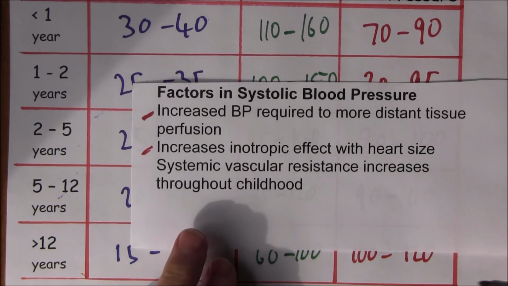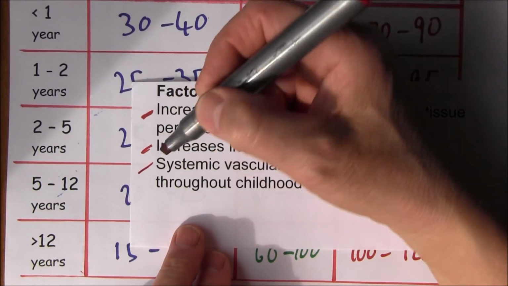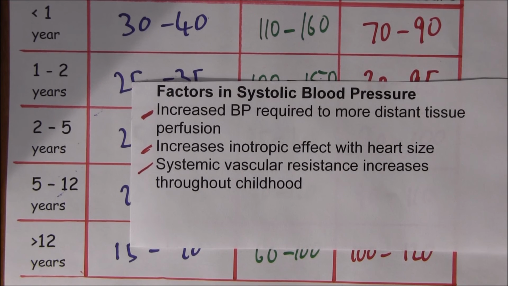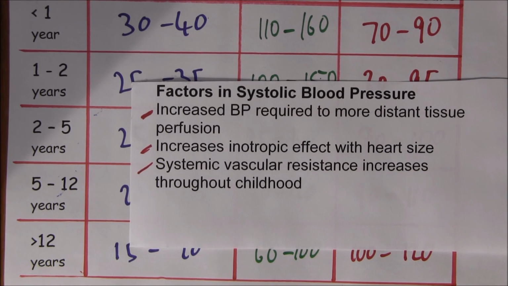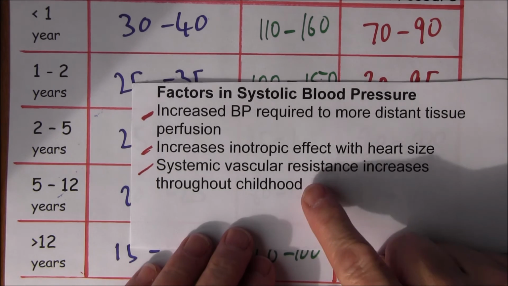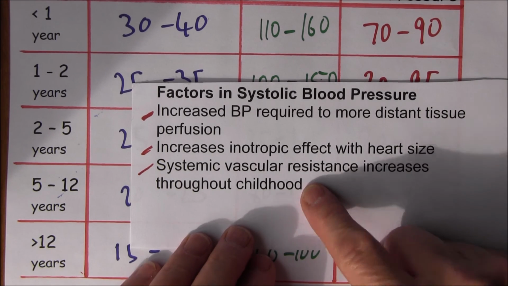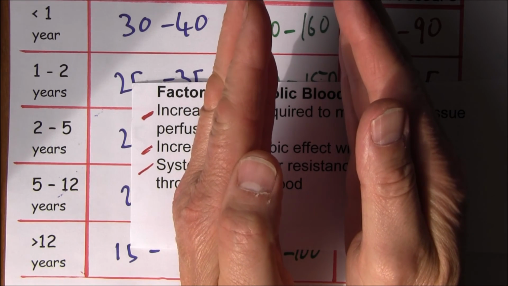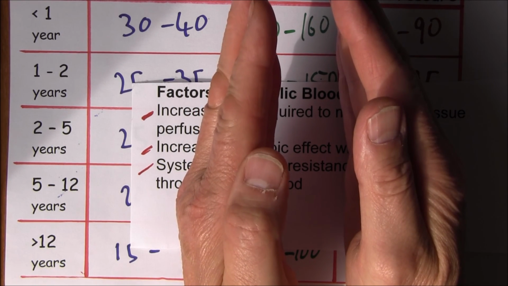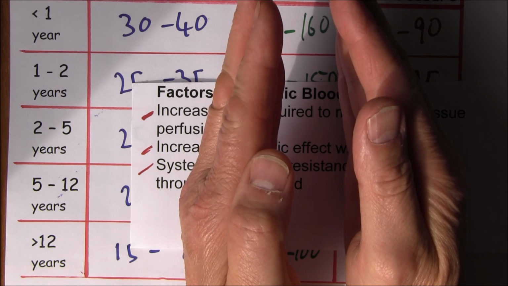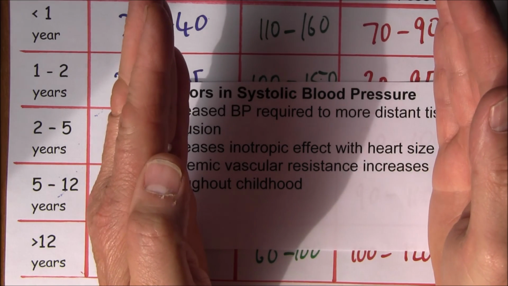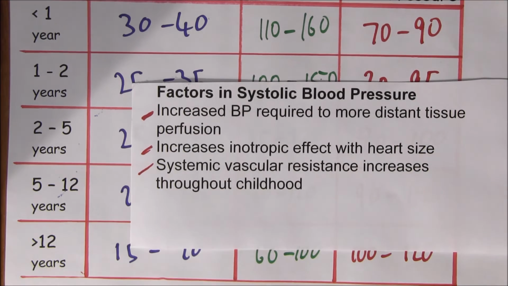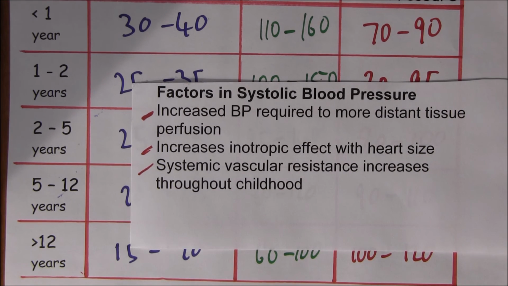And also, as the child ages, there's an increase in the capacity to generate systemic vascular resistance. This is primarily at the level of the arterioles. So if there's a vasoconstriction, that's going to increase systemic vascular resistance, and that will increase blood pressure. If there's vasodilation, that will decrease systemic vascular resistance, and therefore decrease blood pressure.